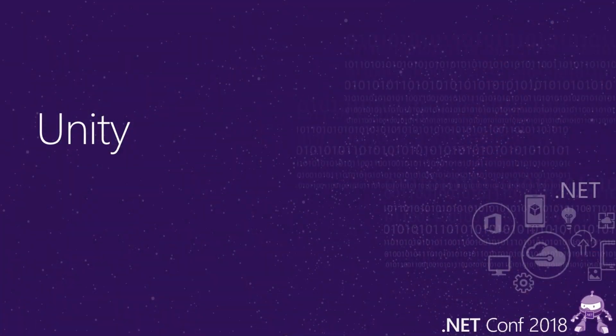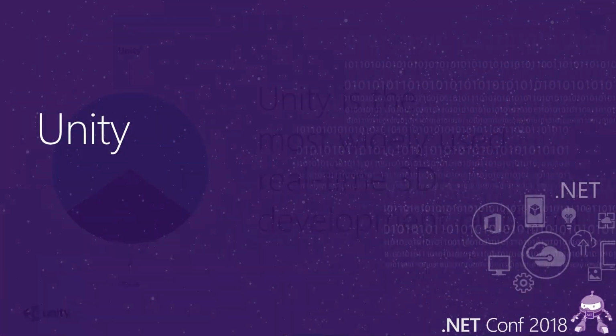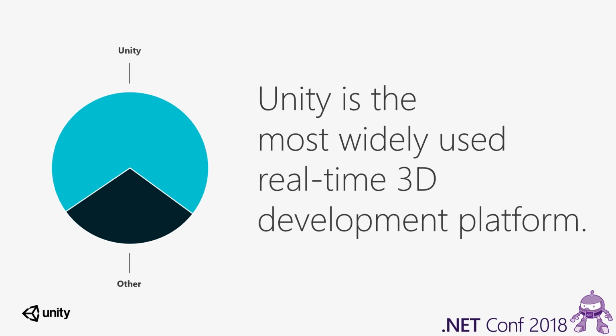Let's start with Unity because this is .NET Conf, and not everybody is familiar with what Unity is. Unity claims that Unity is the most widely used real-time 3D development platform.